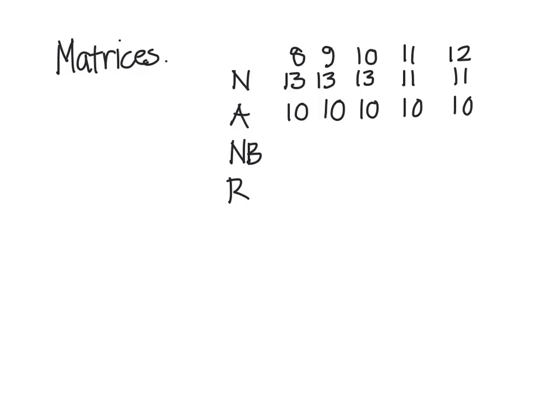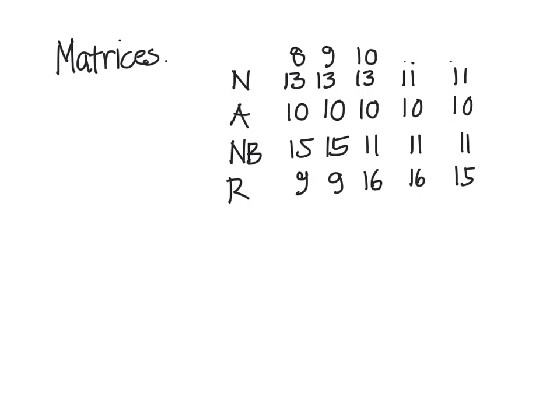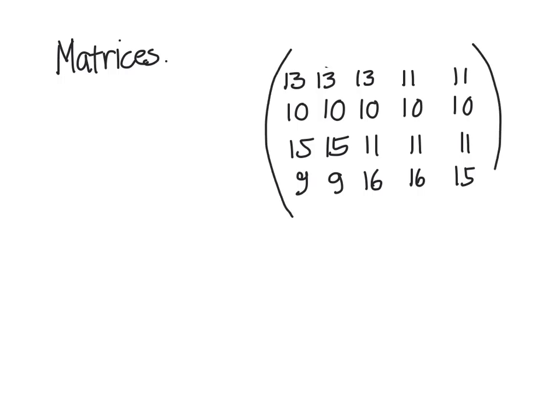We had in New Balance 15, 15, 11, 11, 11 and 9, 9, 16, 16 and 15. So when we actually create the matrix, we just get rid of all of this stuff on top and to the side here, and put this in this way.